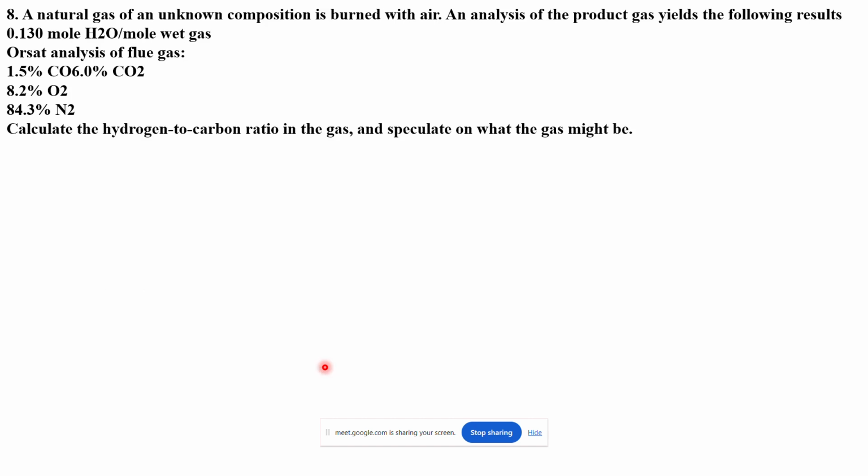Then next question: a natural gas of an unknown composition is burning and the analysis of the product gas yields the following results. In the previous question, we knew the composition of the feed material, and with the help of that feed burning, we were trying to calculate the composition of the output gases.